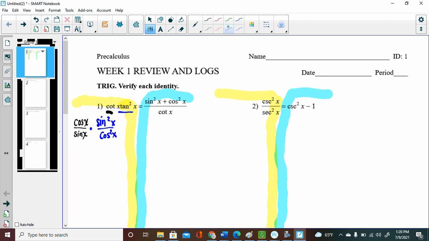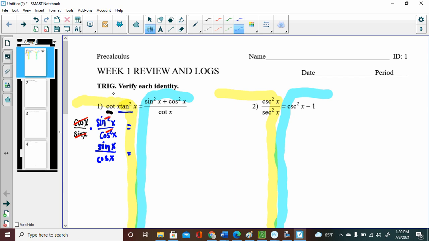And this allows me to eliminate some things. This goes away and that goes away. And guess what I'm left with? I'm left with sine x over cosine x.